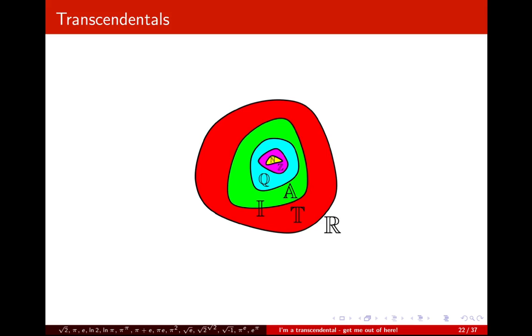For example, the square root of 2. There are also irrationals which are algebraic, like the square root of 2, and irrationals which are not algebraic, like pi and e. So the irrationals straddle both the algebraic numbers and the transcendental numbers. The transcendental numbers are all the ones in the red zone.